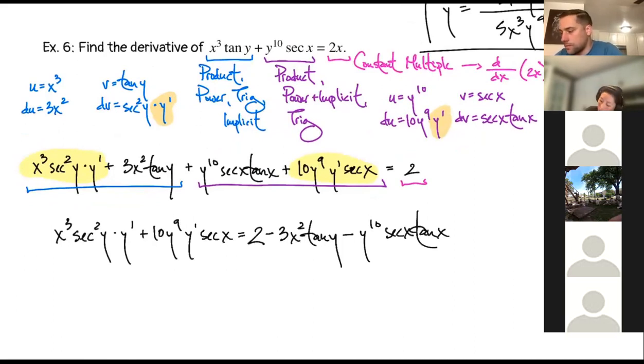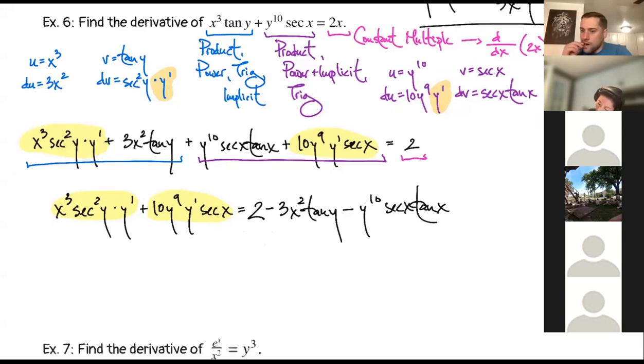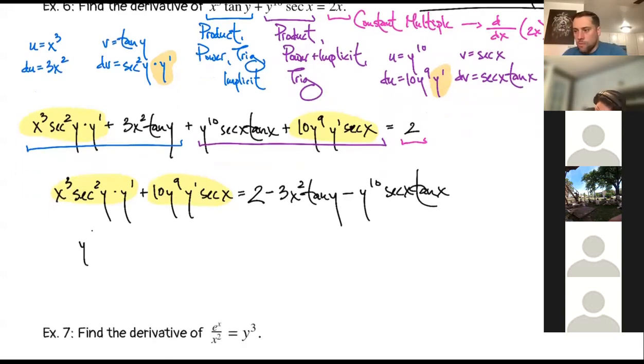All right, so I'm only keeping the ones that have the y prime. The reason is so that I can factor it out, right? Because once I factor it out, I can just divide by the thing in the parentheses, done. So y prime, parentheses, all the stuff that's left over.